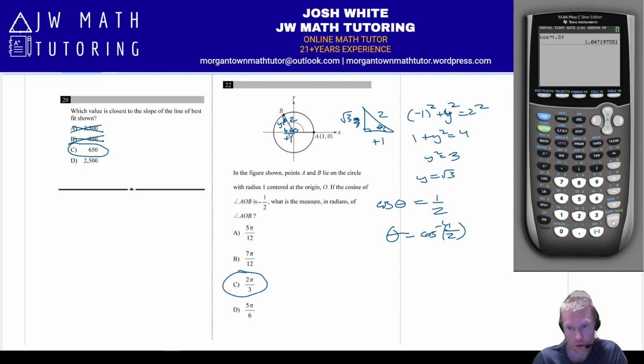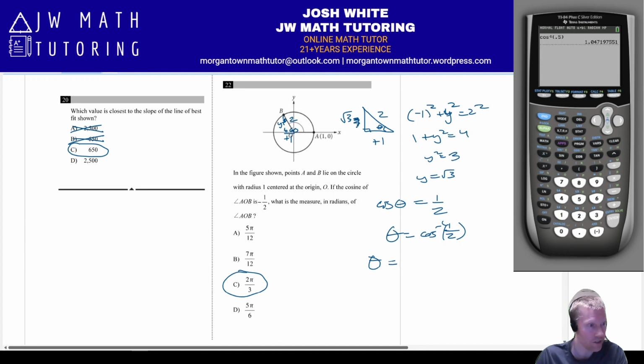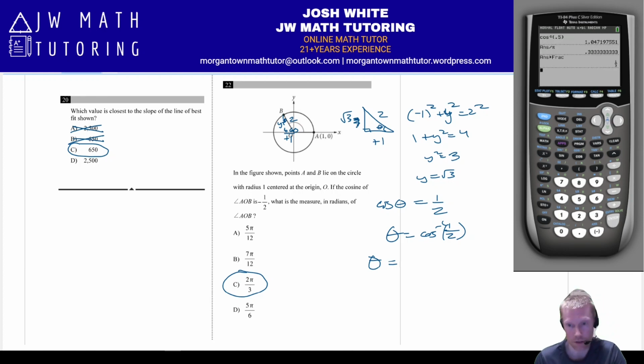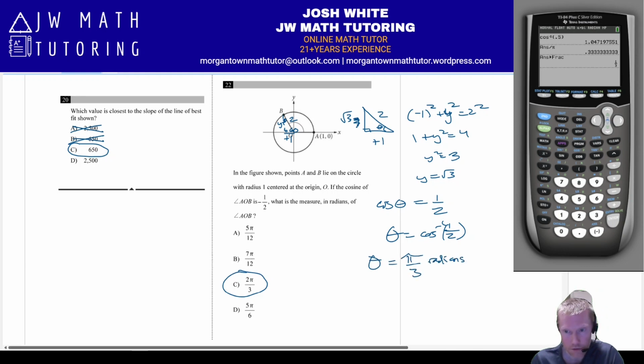Notice it gives me this many radians, but I don't know what that is because normally we're used to seeing it in terms of pi. So all you have to do is take this answer and divide it by pi. That will tell you how many radians it is. It's going to be 1/3 pi radians, and you could just convert this to a fraction. It's 1/3, yep. So that means theta is equal to pi over 3 radians.